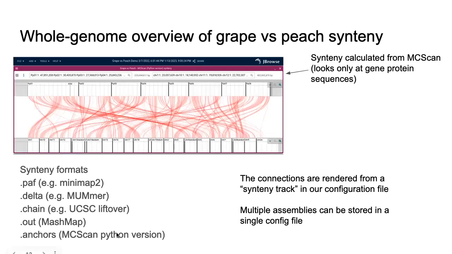It's actually not MCscan X, it's called MCscan Python version. And that just looks at all the orthologous gene pairs essentially. And that works pretty well for these pretty diverged genomes. But we can also load data from whole genome alignments, which is a different approach. It's not just looking at the gene protein, it's the whole genome.